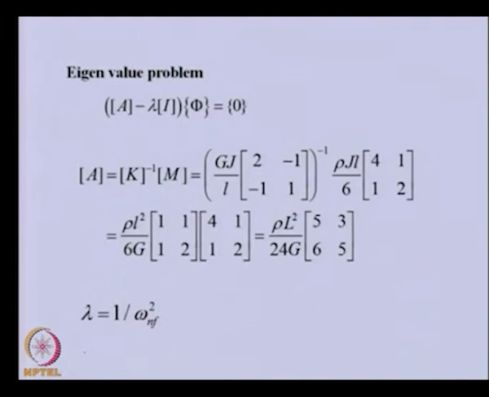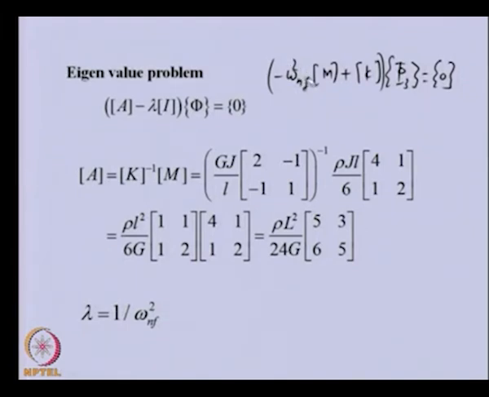The same problem we are solving here in the form of an eigenvalue problem. The previous equation was (minus omega nf square m plus k) times the vector, equal to 0. I am multiplying both sides by k inverse of the matrix and dividing by the natural frequency square.